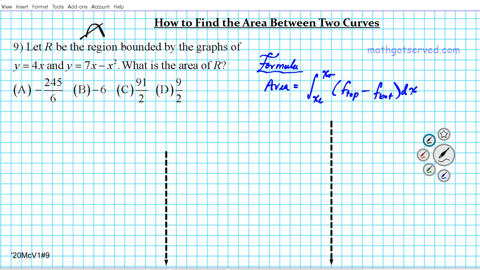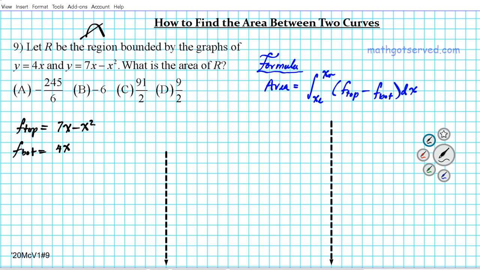The reverse will not make any sense. So let's go ahead and do it. So f top is going to be your quadratic function, which is 7x minus x squared. And then f bottom is going to be your linear function.